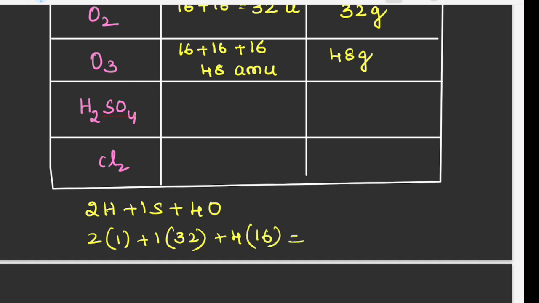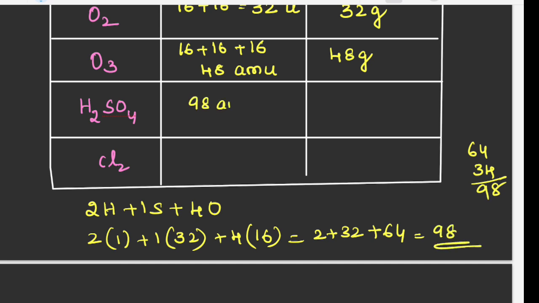So how much will you be getting? 2 plus 32 plus 16 fours are 64. So this is equal to 64 plus 32 plus 2 is 34. So 8, 9. You will be getting 98. So here 98 AMU, and here you will be writing it as 98 grams.